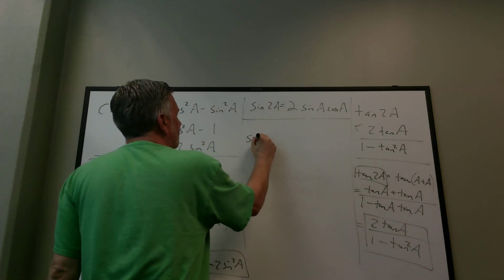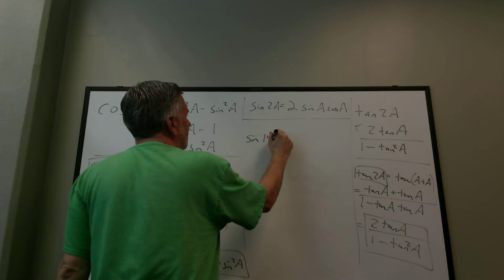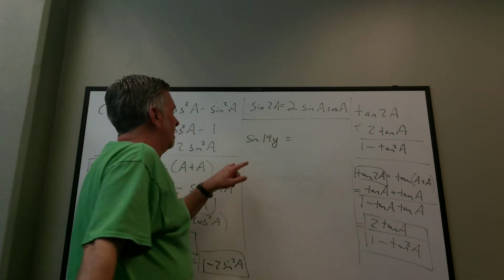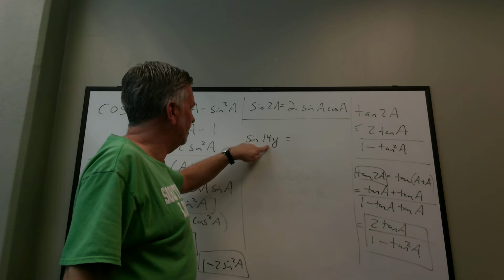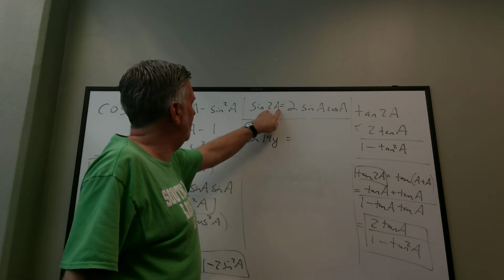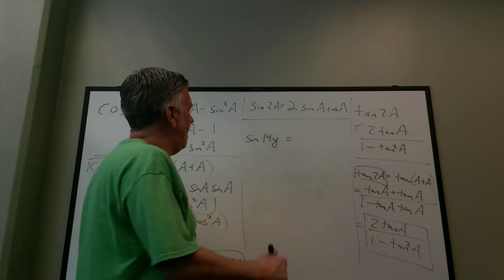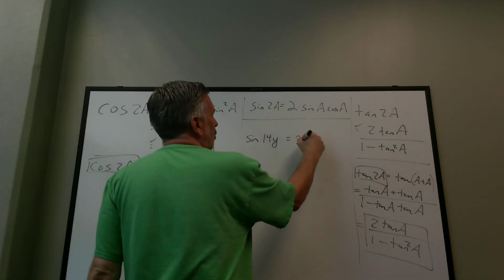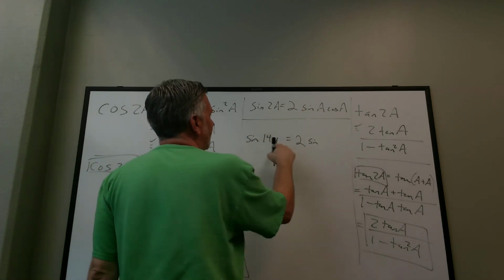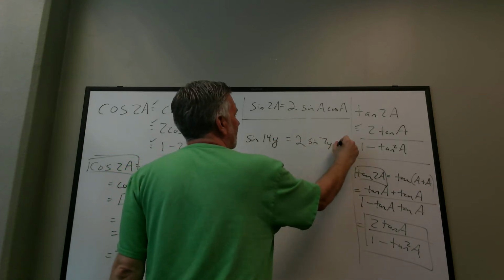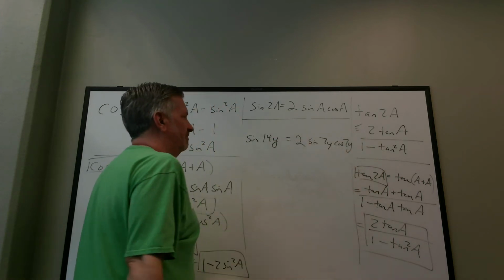Suppose I had sine of 14y. There's no 2 sitting here, but whatever angle's here, if I want to rewrite it this way, the angle A is half of that. So this will be 2, it's always a 2, sine of half of that, 7y, cosine 7y.